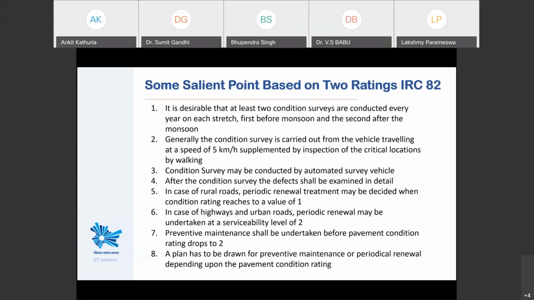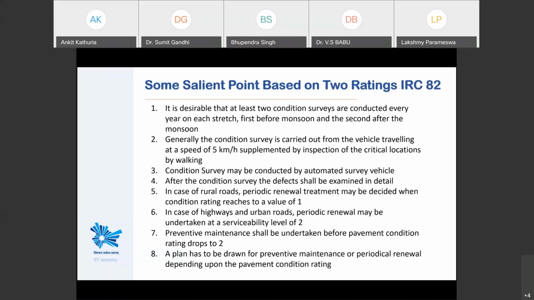Seventh salient point is, preventive maintenance shall be undertaken before pavement condition rating drops to 2. So whenever you are planning for preventive maintenance, it should be undertaken before your pavement condition rating drops to 2. A plan has to be drawn for preventive maintenance or periodical renewal depending upon the pavement condition rating.